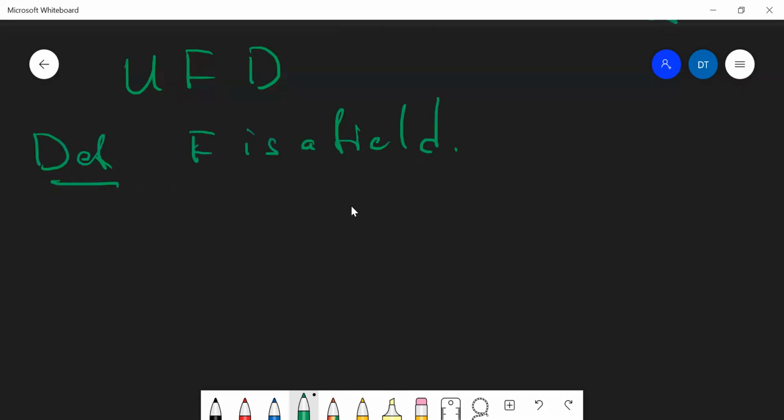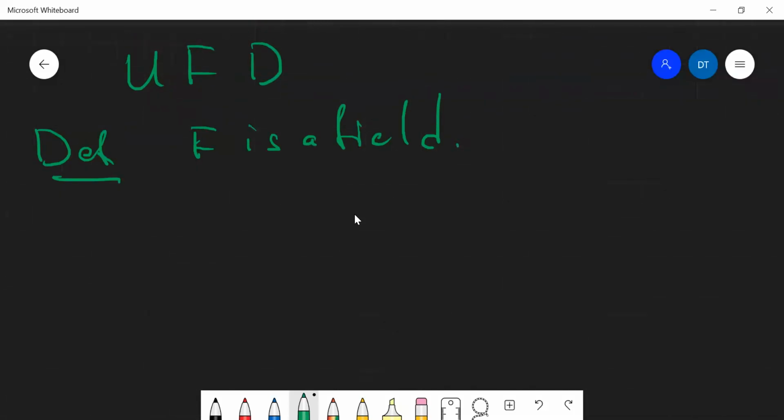Then we need some analogy of a prime number. In case of integer numbers, we have prime numbers, and all other numbers are presented uniquely as a product of prime numbers. So here we want to develop the same theory. But first of all, we need an analogy for the prime number.